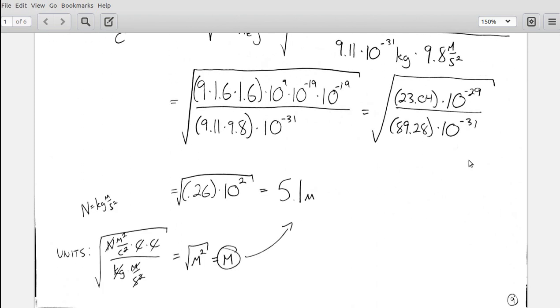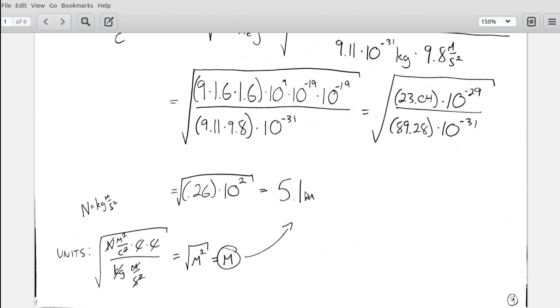Again, this might be a little annoying to you, but I find it easier to do this in most cases because I want to avoid calculator mistakes, since I'm dealing with a lot of large powers of 10. So this number right here is 0.26, and I've got 10 squared. Don't forget, I'm taking the square root of all this. This is still under the radical.